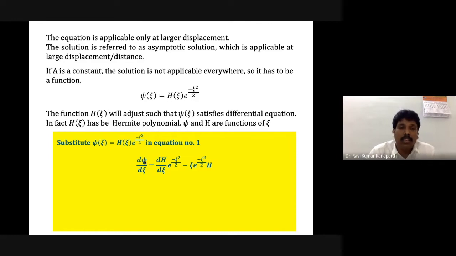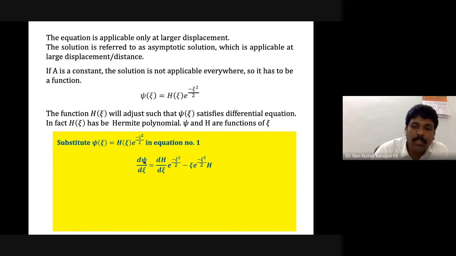Please note that here I didn't write psi of z, and also I have excluded writing h of z. But wherever I write h, it means it is a function of z. Similarly, wherever I write a simple psi, that means it is already a function of z.